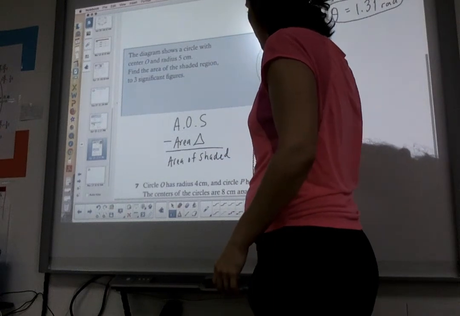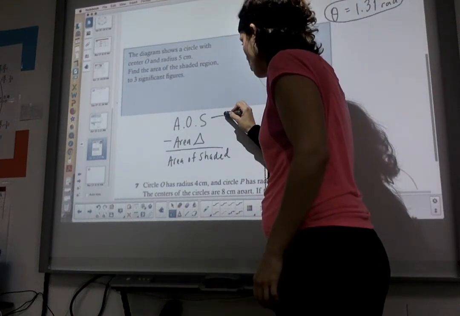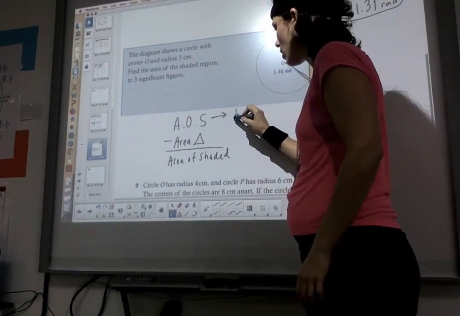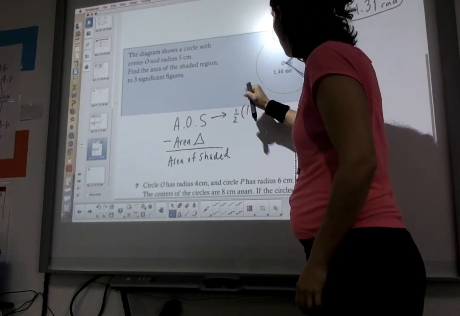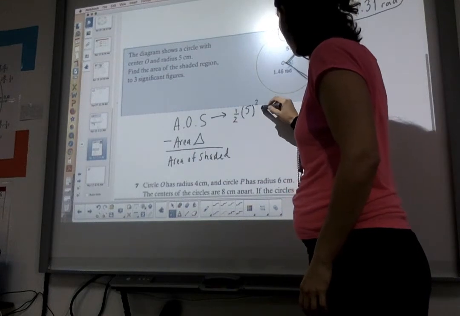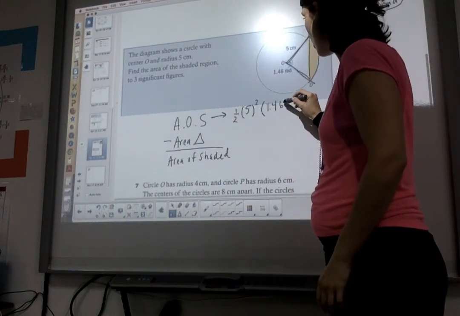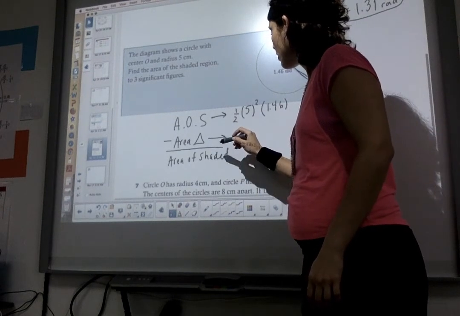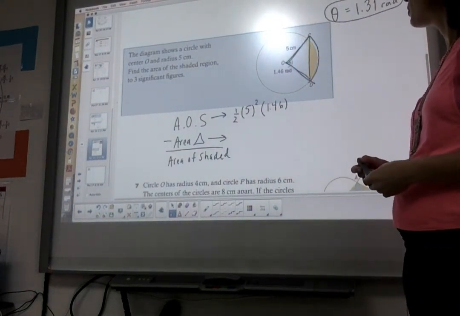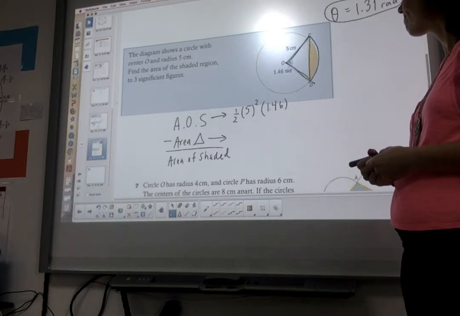So for the area of the sector, what's the formula? Half R squared times theta. And what's the area of the triangle? You don't know this.